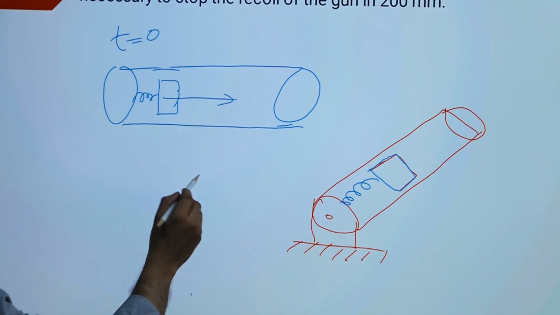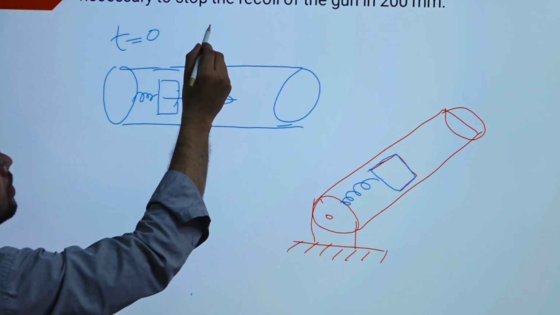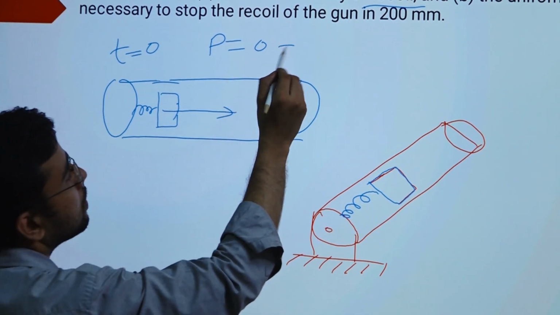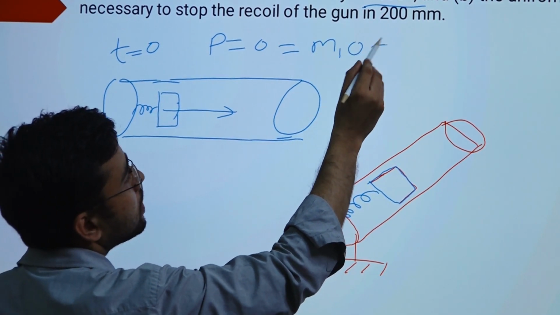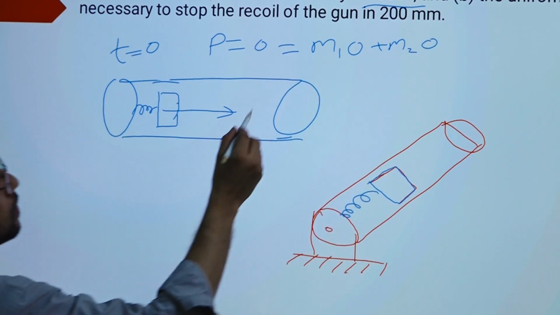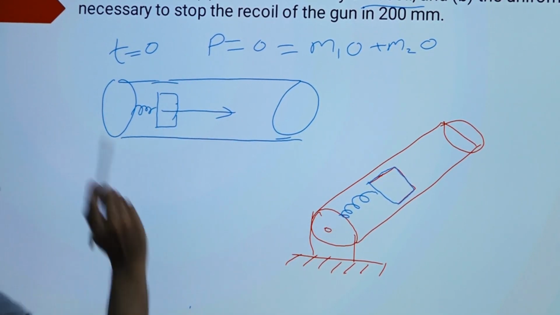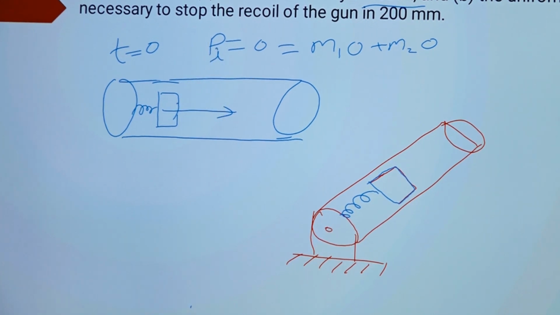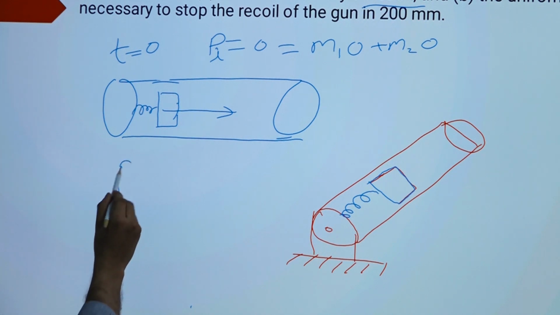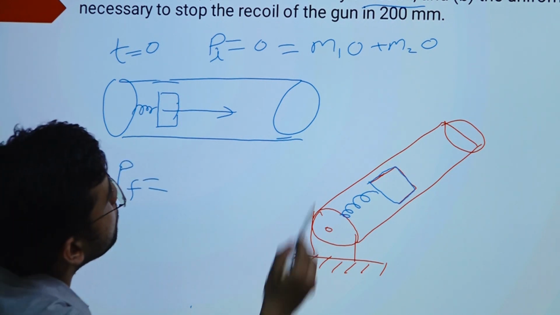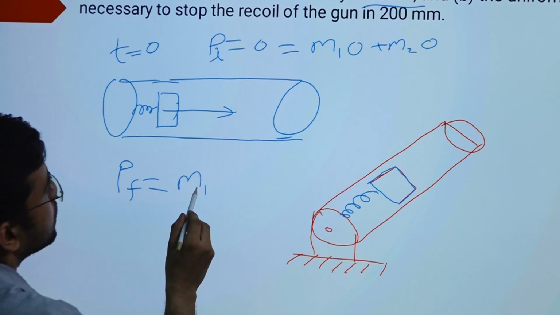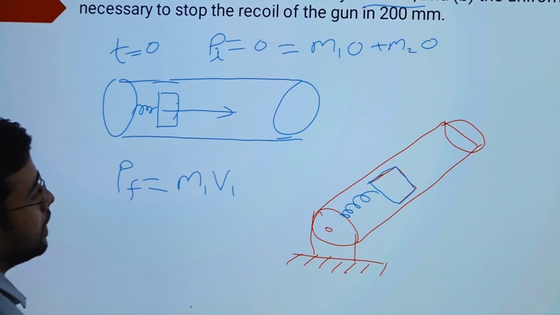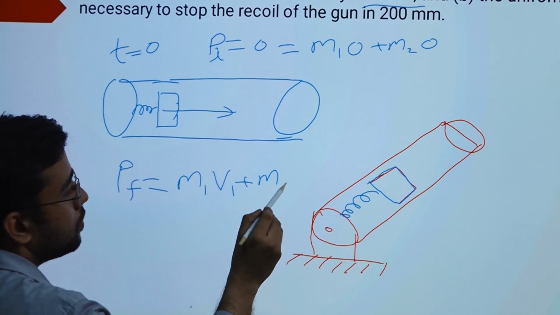So initially we had momentum as 0, right? Because mass into velocity: m1 into velocity 0 plus m2 into velocity 0. m1 is the mass of, suppose, the gun, m2 is the mass of the shell. So that will be pi, initially. After some time, when we release this spring, pf will become m1 into v1 plus m2 into v2, where m1 is the mass of the gun and the gun has velocity v1.